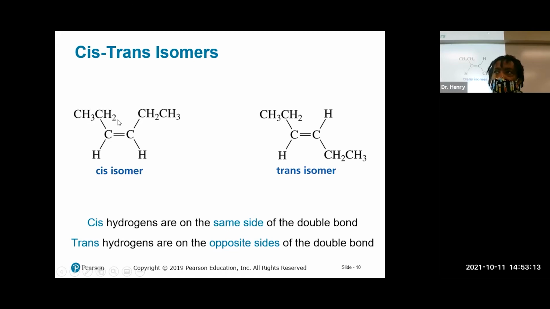These guys are going to be cis, these guys are going to be trans. So again, if we look at the hydrogens, they are cis to each other, and here the hydrogens are trans to each other. And that's also the same thing that's happening with our substituents.